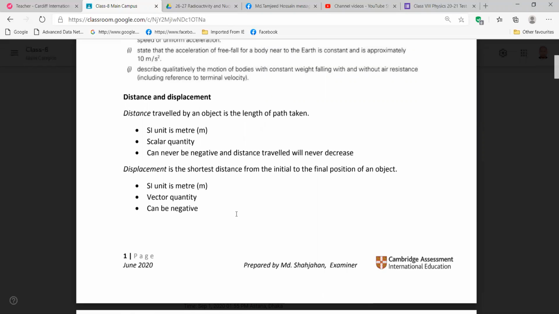Anmol, can you read please? Distance and displacement. Distance traveled by an object is the length of the path taken. The SI unit for distance is meter. It is a scalar quantity. It cannot be negative and distance traveled will never decrease.